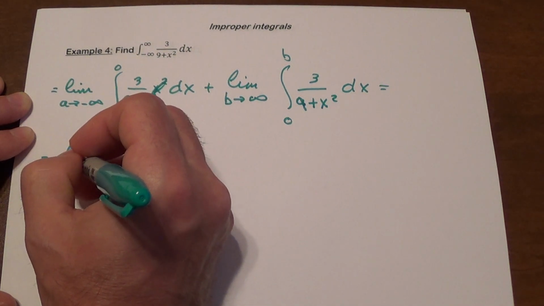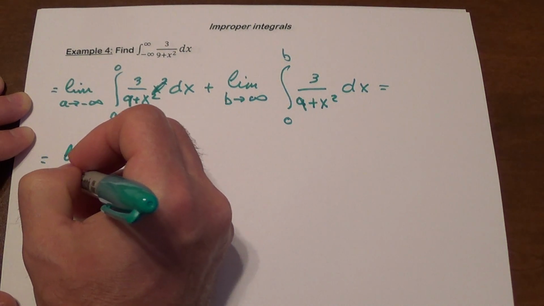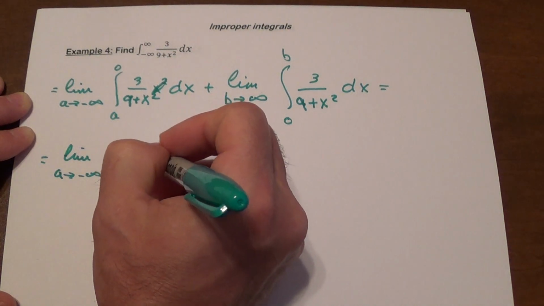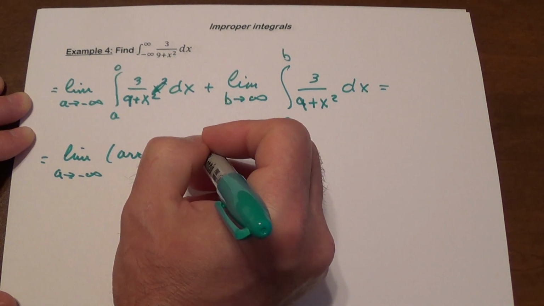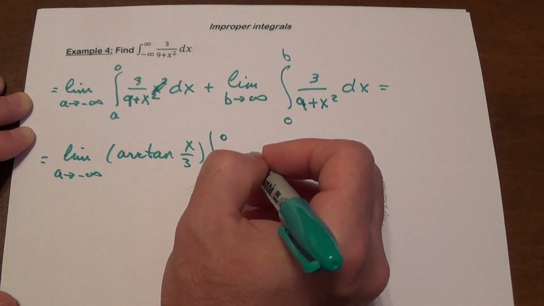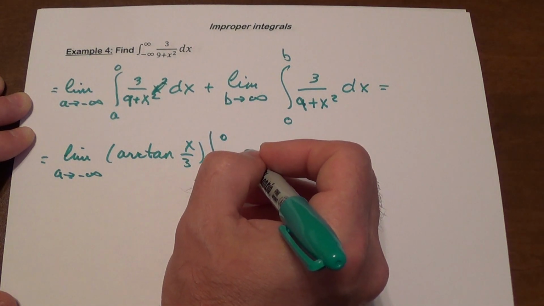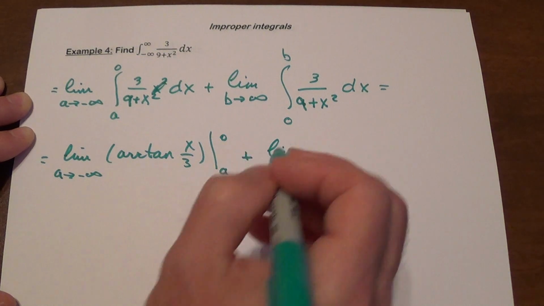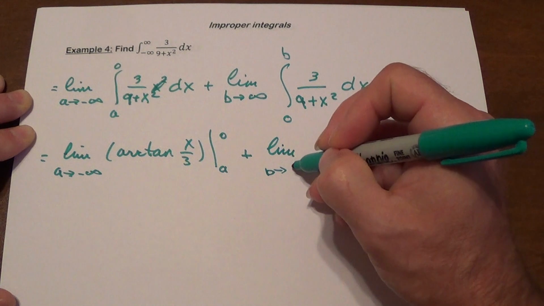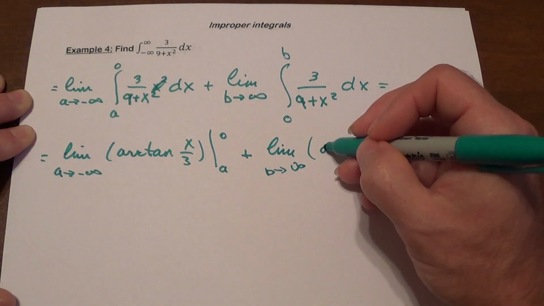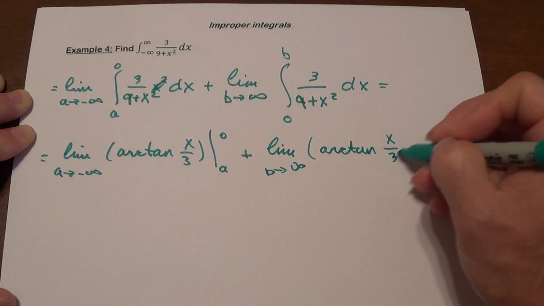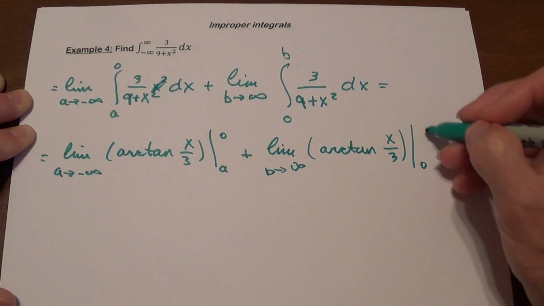So we have the limit as a approaches negative infinity of arctan x over 3 going from a to 0, plus the limit as b goes to infinity of arctangent x over 3 going from 0 to b.